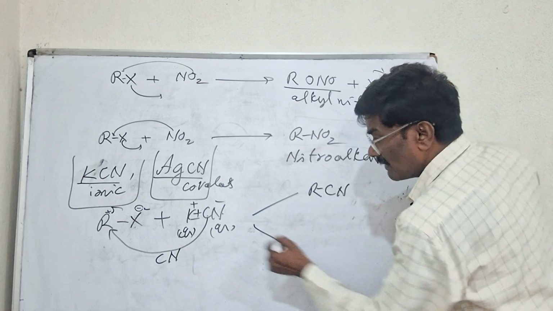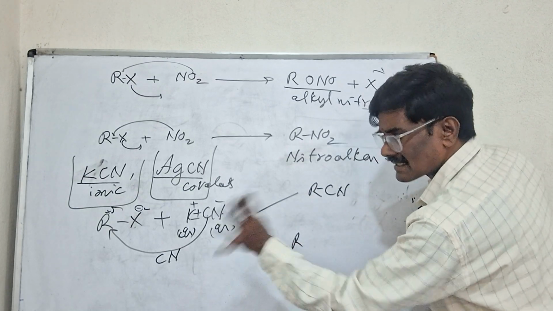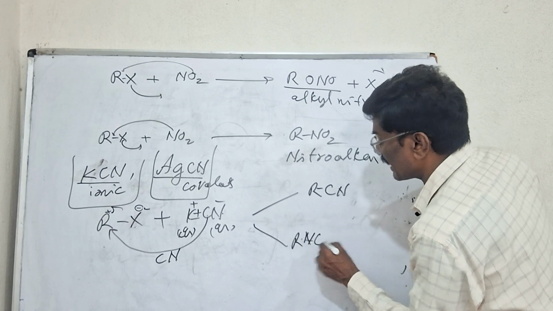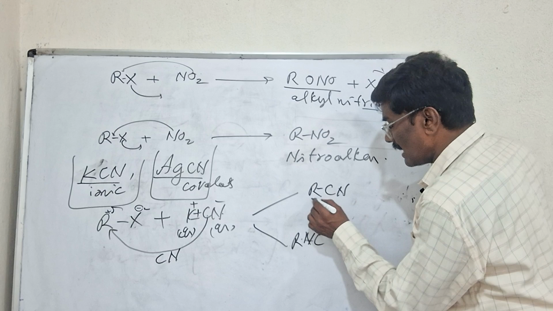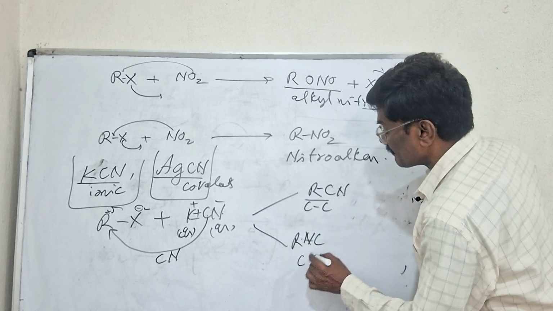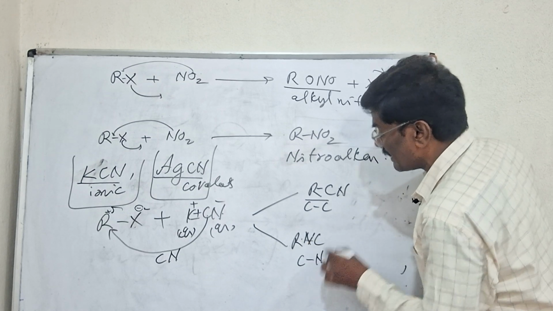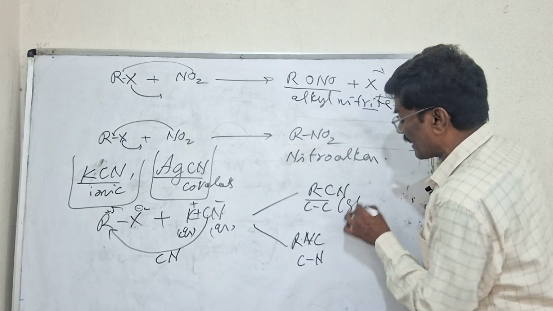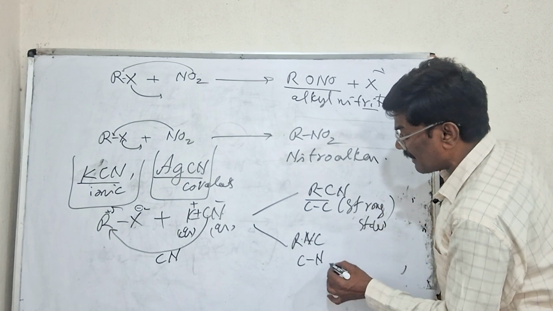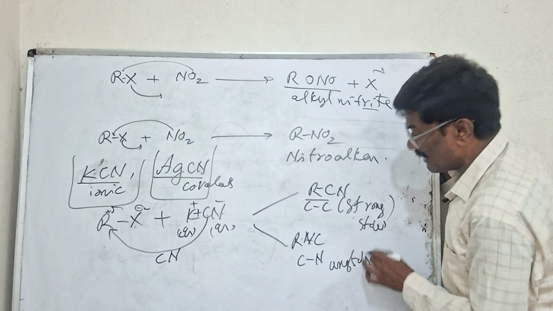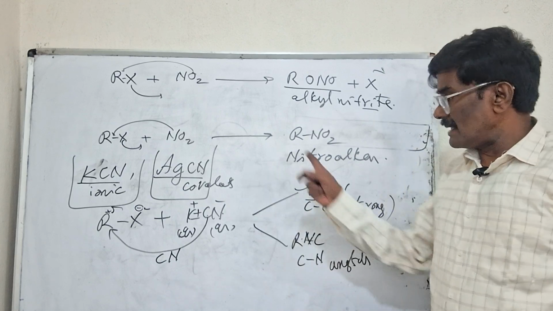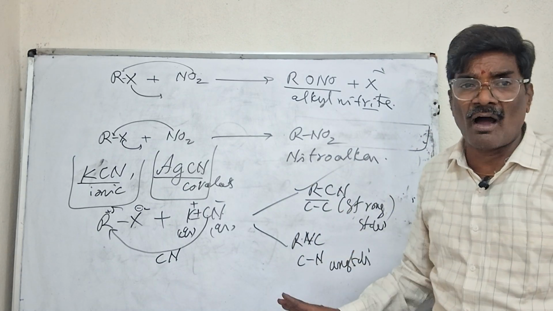If nitrogen attacked, we would get RNC, isocyanide. But the C-C bond here is non-polar, strong and stable, whereas the C-N bond is polar and unstable. This is the reason only cyanides form; isocyanides do not form.